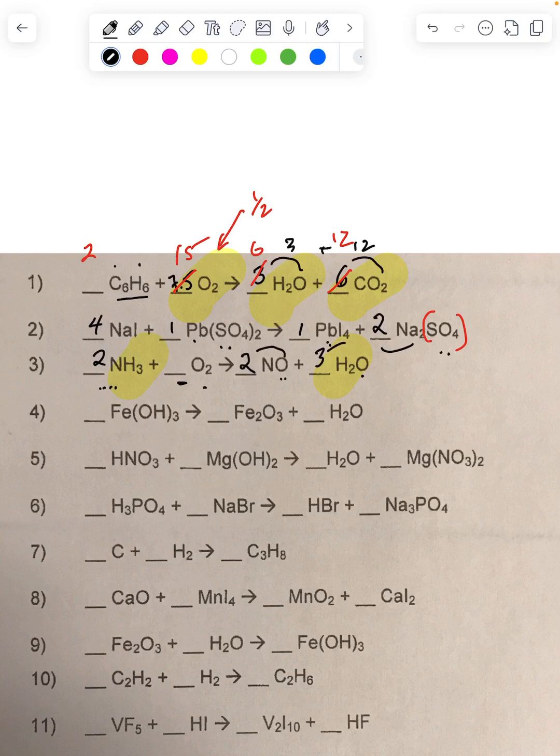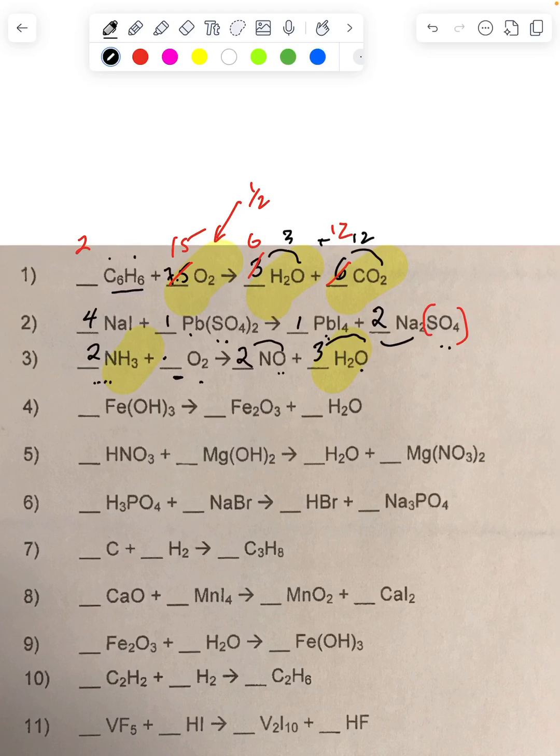The only way I can get 2 oxygens there to get to 4 is to put a 2 here, but my nitrogens are 2. So why don't I take care of nitrogens first? When I do this, this NO becomes doubled, so I have 2 nitrogens and 2 oxygens, but I also have 3 more here, so I have 5, and over here, the only way I can get to 5 oxygens is if I multiply by 2.5.